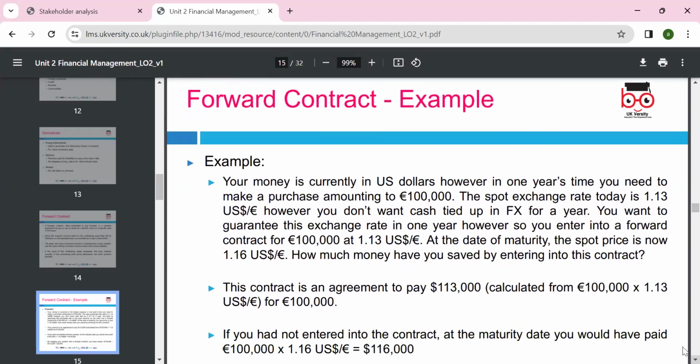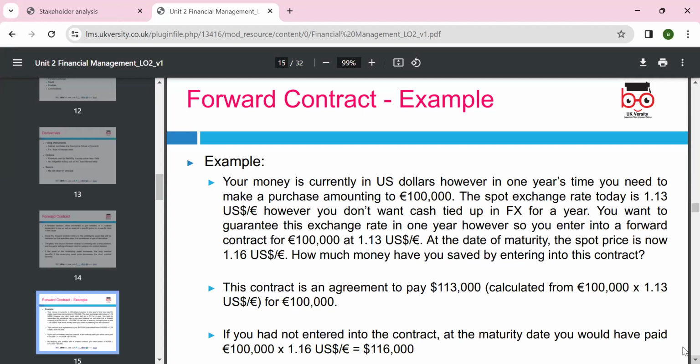Here is a forward contract example. Your money is currently in US dollars. However, one year from now you need to make a purchase amounting to 100,000 euro. The spot rate today is 1.13 US dollars, but you don't want your cash tied up in forex for a year.